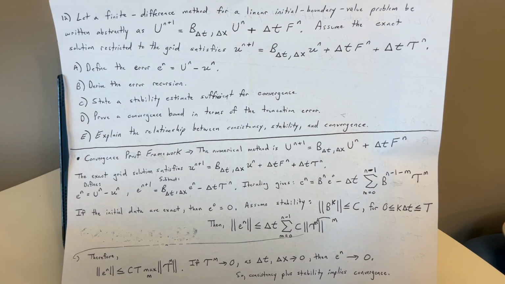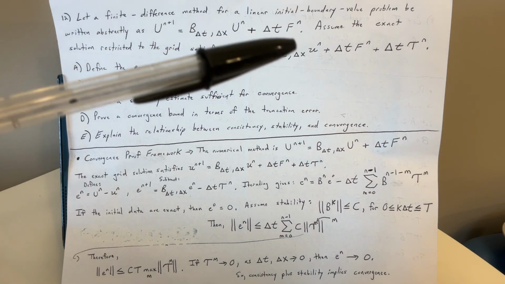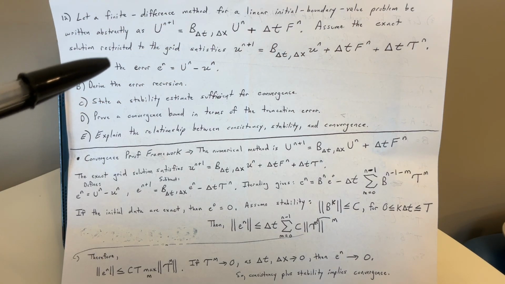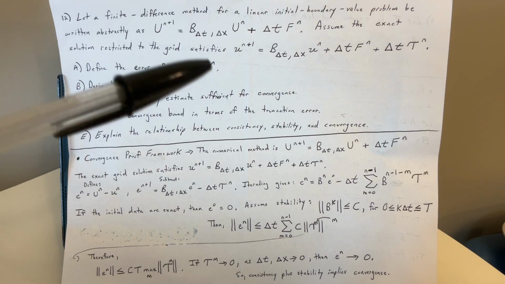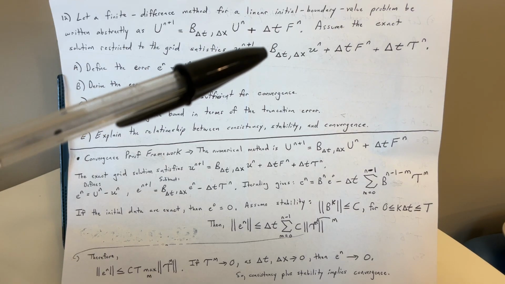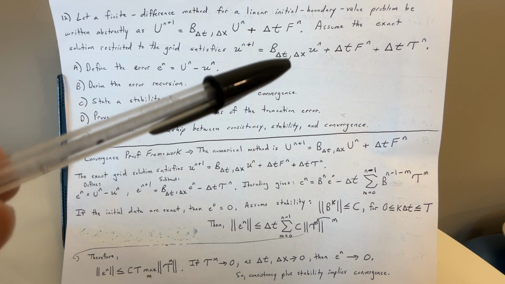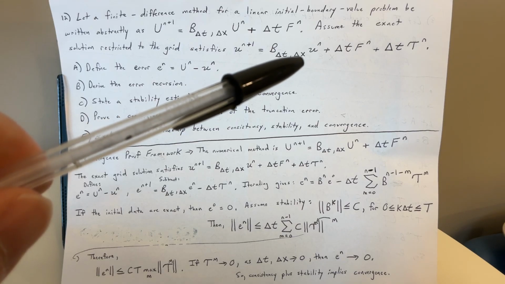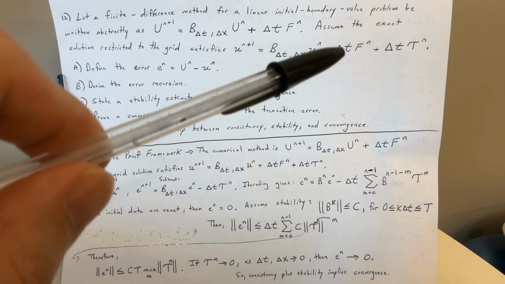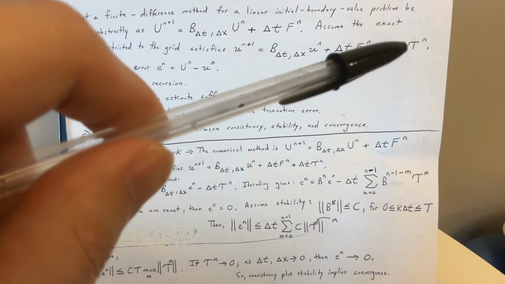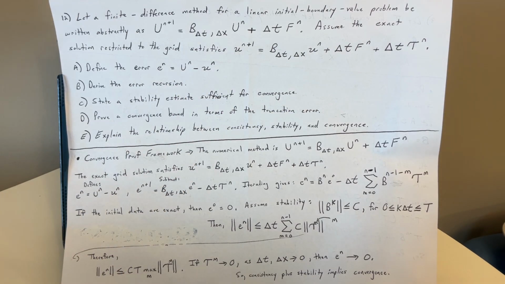Assume the exact solution restricted to the grid satisfies U^{n+1} = B_{Δt,Δx} U^n + Δt f^n + Δt τ^n.